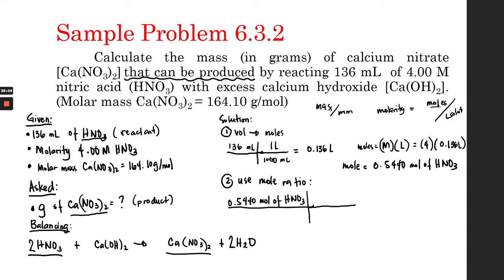You know that you need 2 moles of HNO3 to create 1 mole of CaNO3, and canceling this. Again, you got this from your balanced equation. This is the mole ratio. And from multiplying this, you get about 0.2720 moles of CaNO3.